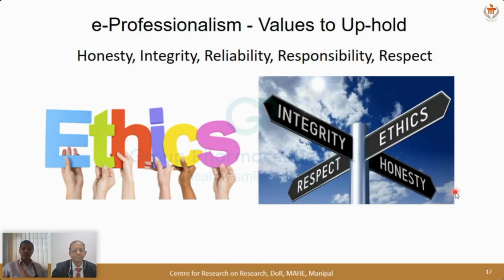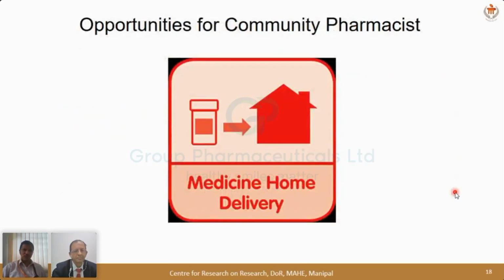Then professional ethics come, because nursing people have to do this, pharmacy people have to do this, and they have certain guidelines. A medical surgeon has to have this. So there are some guidelines, and those become professional ethics. There are some oaths, all that has come. But in reality, it is the honesty and integrity and how responsible I am in putting this information. If somebody asks, will I be answerable? Those are the things we have to consider in e-professionalism.